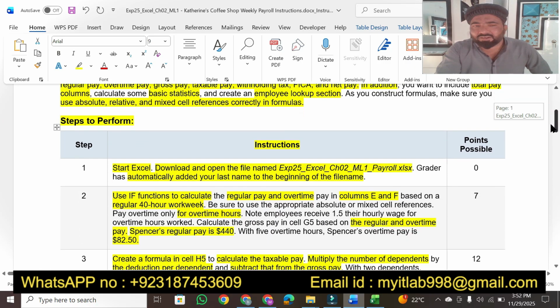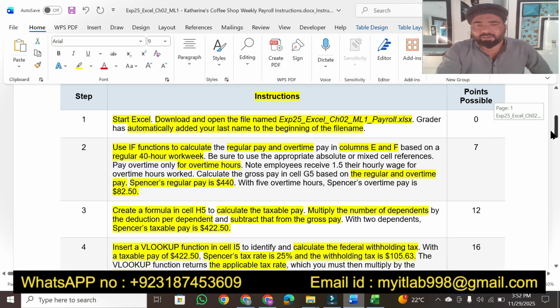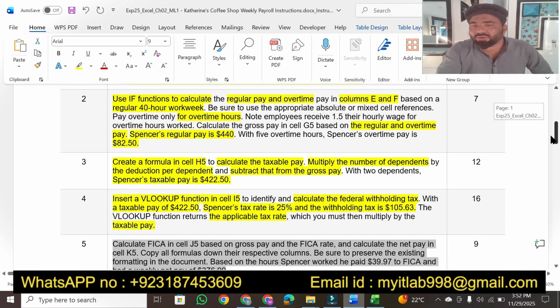Then we move toward instruction and we solved question number 1 where we have to open our Excel sheet that we downloaded from Pearson. Then in question number 2 we have to use the IF function to calculate the regular pay and overtime pay that are in column E and F, respectively.